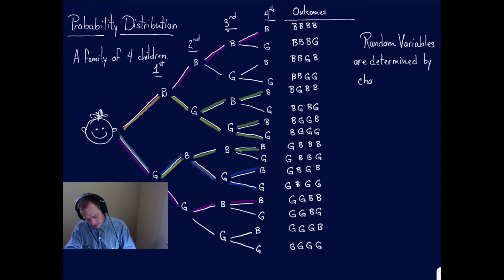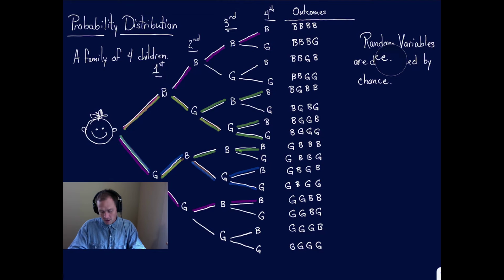Now that shouldn't be a surprise, because what we did say is we said a probability experiment is a chance process that leads to well-defined results. So, all right, let's continue from here now.